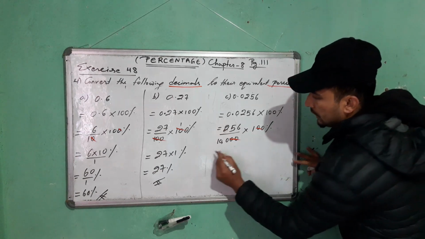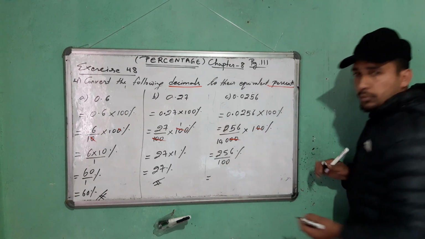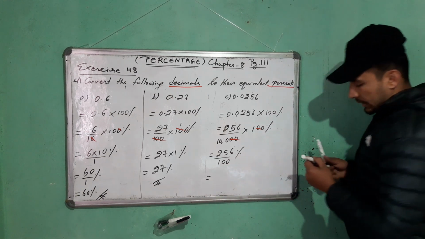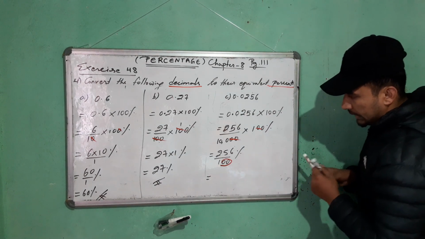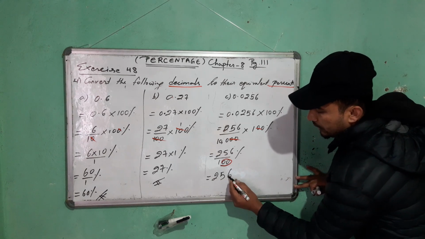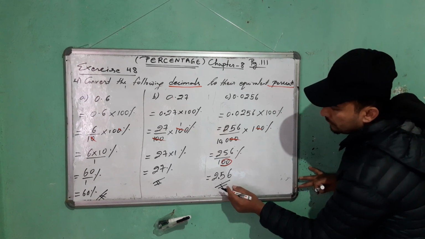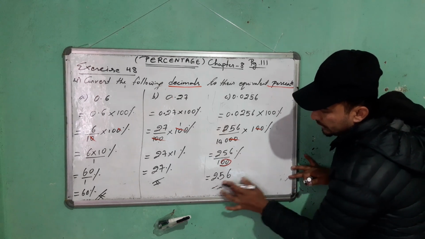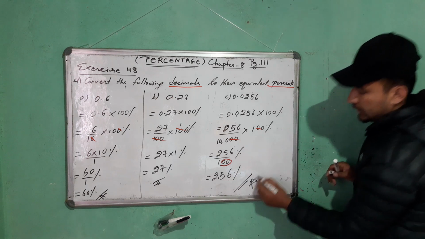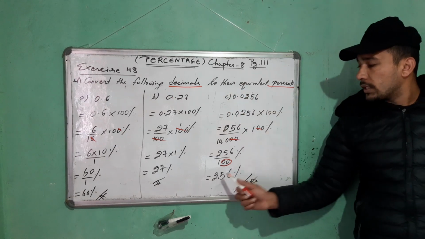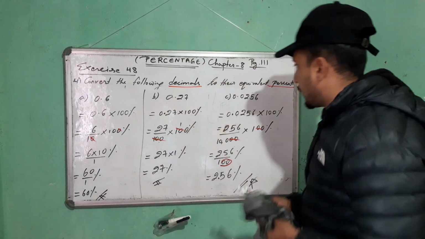You have got 256 upon 100%. So put the decimal in front of 2 digits. Here you have 2 zeros, and here is 1. So put the decimal in front of 2 digits. So 2.56%. This is your answer. So in this way you have to solve.